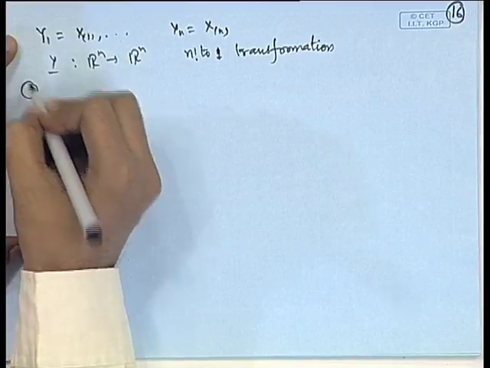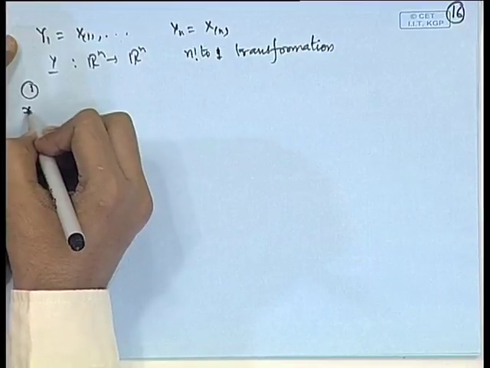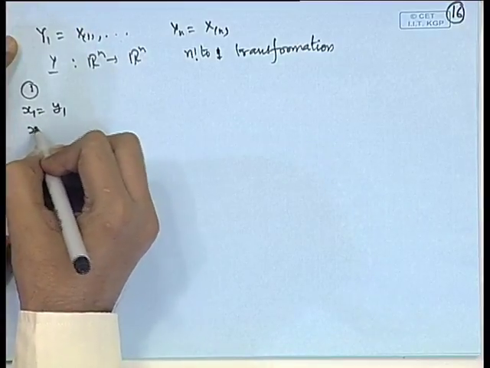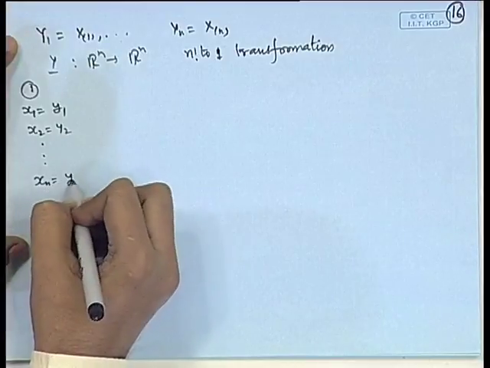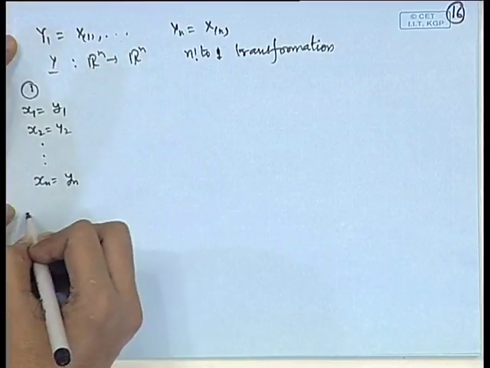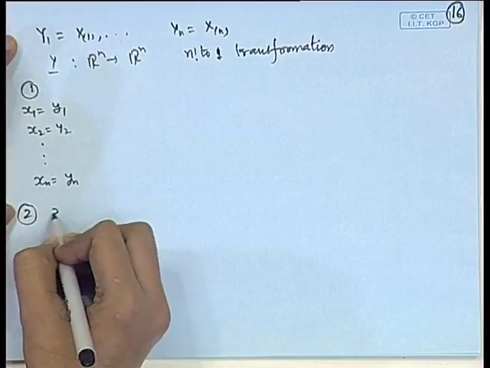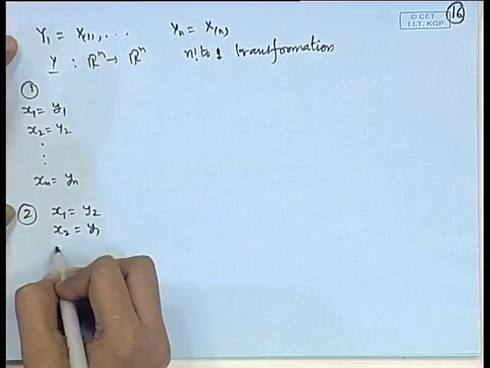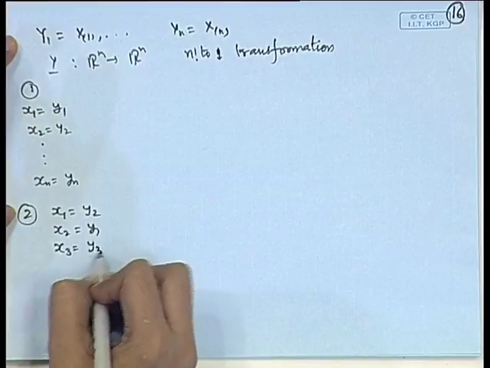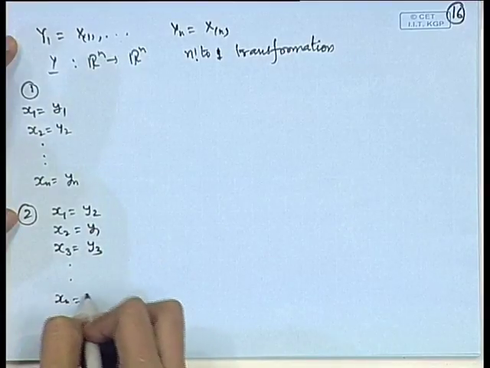so that from each region it is a 1 to 1 transformation. In the region 1, for example, you may have x 1 is equal to y 1, x 2 is equal to y 2 and so on, x n is equal to y n. In the region 2, we may have x 1 is equal to, say, y 2, x 2 is equal to y 1, x 3 is equal to y 3 and so on, x n is equal to y n.